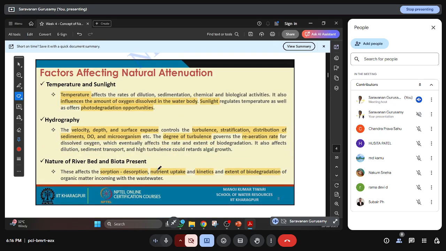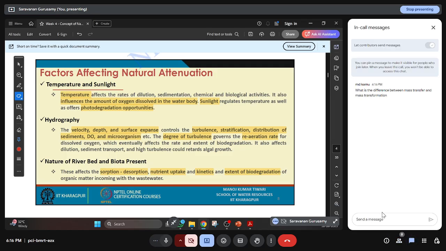How will this natural purification be impacted by temperature and sunlight? But first, what is the difference between mass transfer and mass transformation? Yes, it's a good question. If mass m1 is there, say 1 kg, and after 1 kilometer you find the same 1 kg of mass, that is called mass transport.